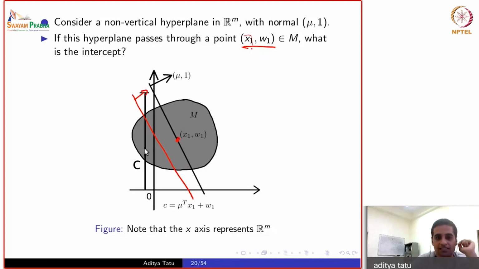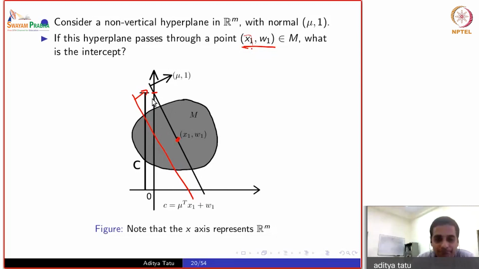The question is, what is the intercept? All of you, I'm sure, understand intercept. At what y coordinate does this line intersect? Of course, the answer is there on the slide.